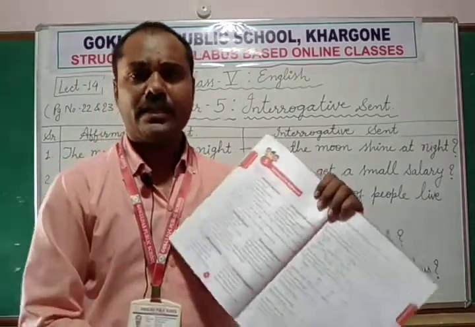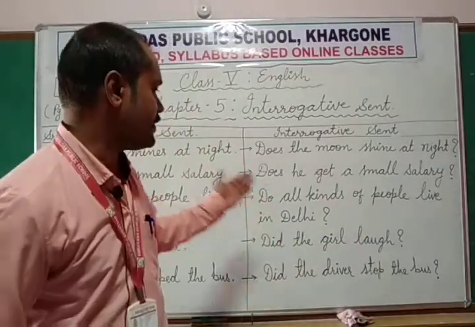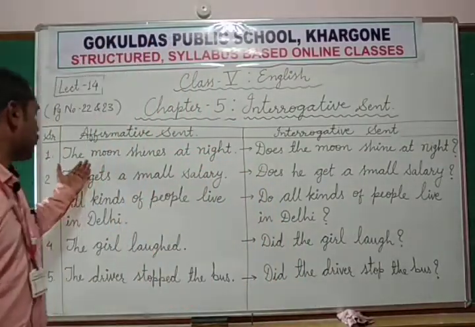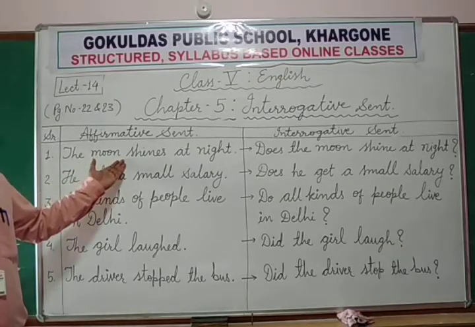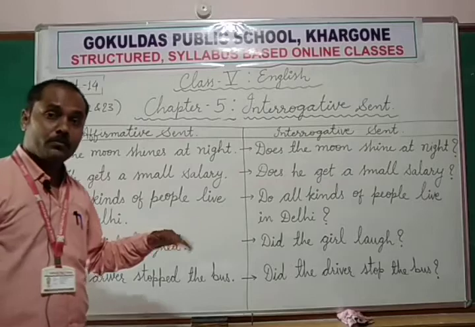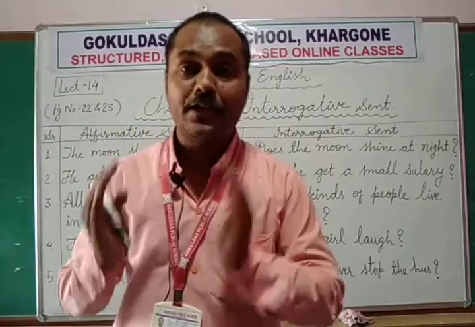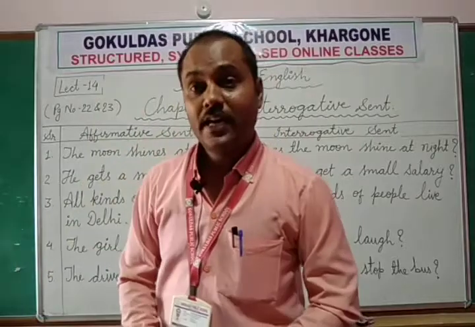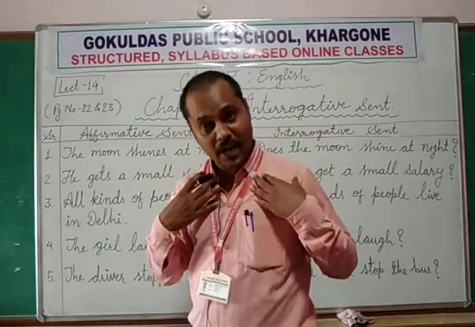But there are some sentences, like in present simple and past simple, in which we are not provided with the helping verb directly. At that time we need to place these helping verbs from our side.